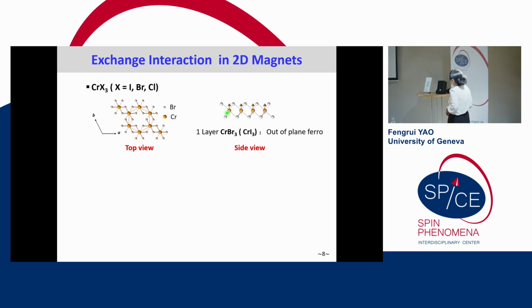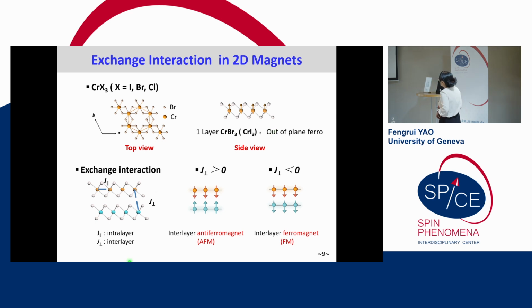For the basic chromium tribromide, the chromium atoms form a honeycomb lattice, and each chromium is surrounded by six bromine atoms. Since its anisotropy is strong, the monolayer has ferromagnetic order with its magnetic moments along the z direction, that is, the out-of-plane direction.